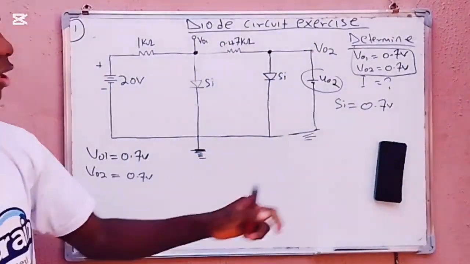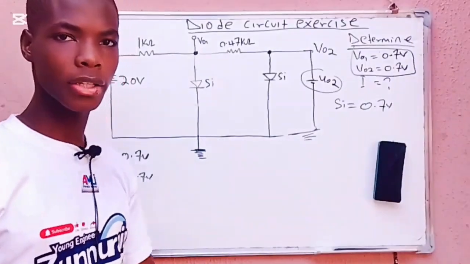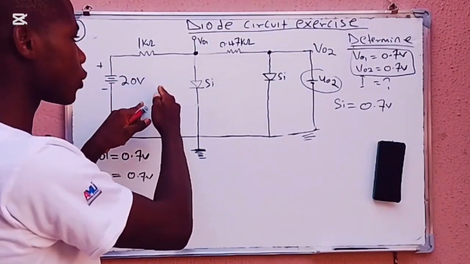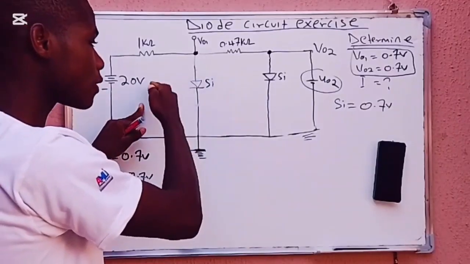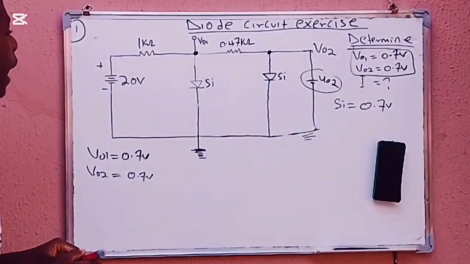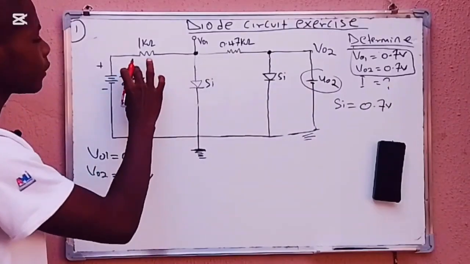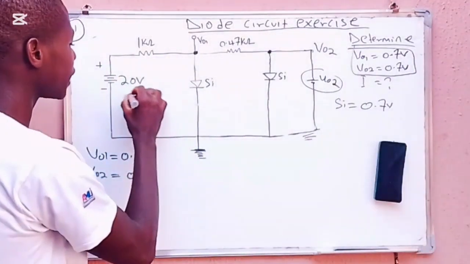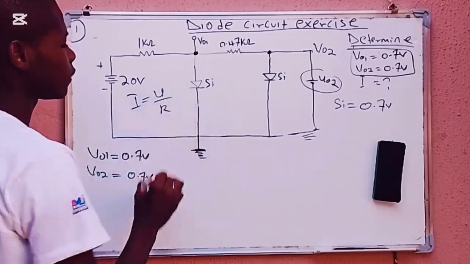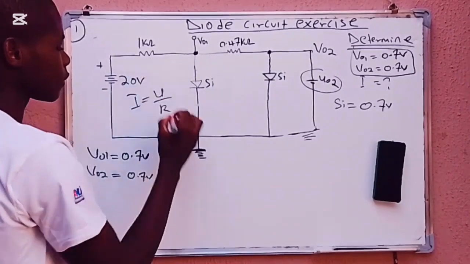Next we are asked to find the current. As you all know, the current in this mesh and this mesh will not be the same. If I am to find the current in this loop, I will say V divided by R, and what is V?